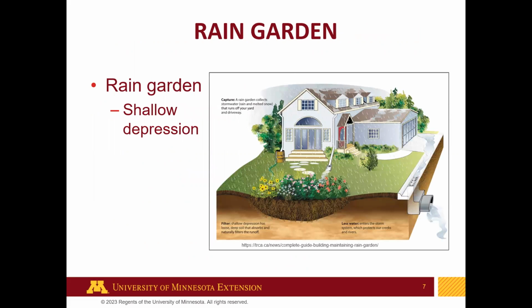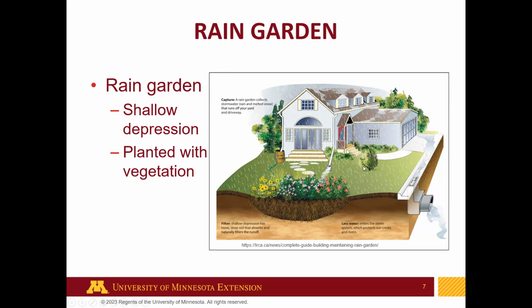This figure is just showing you kind of the basics of a rain garden. And generally speaking, a residential rain garden is just a created shallow depression, like what you're seeing here in the landscape. And it's designed to collect water from some type of impervious surface. In this case, it's collecting rainwater from the roof system.